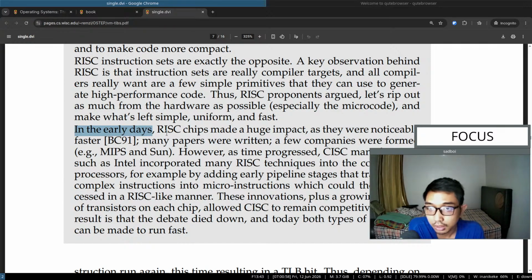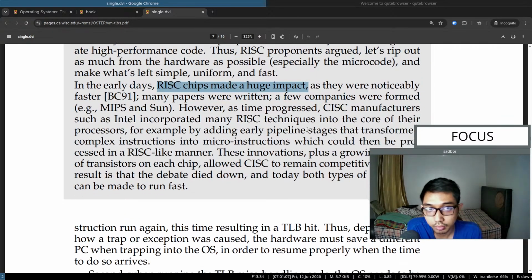In the early days, RISC chips made a huge impact as they were noticeably faster. Many papers were written, a few companies were formed, for example, MIPS and Sun.